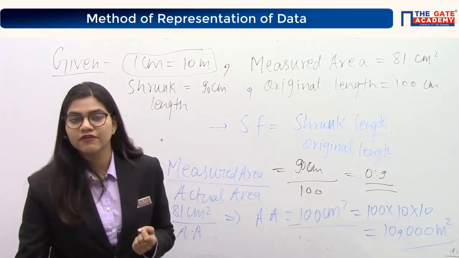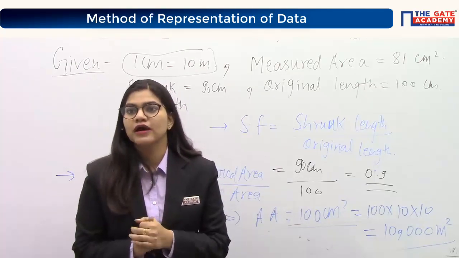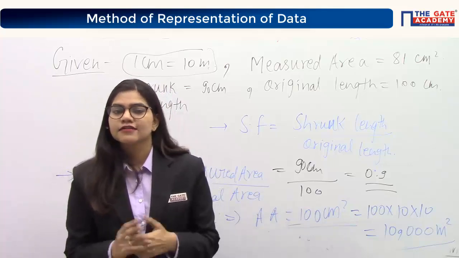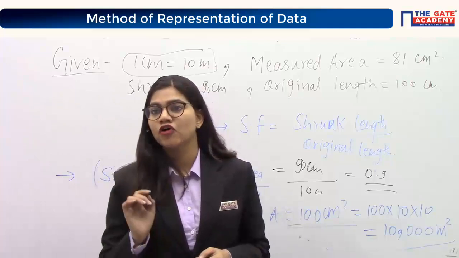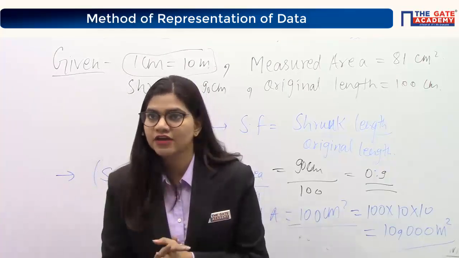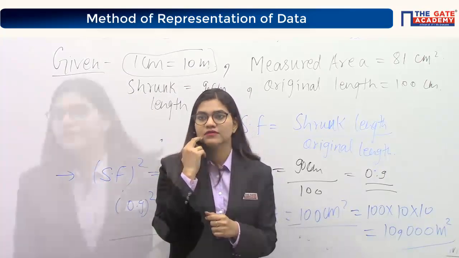The type of surveying in which the radius of Earth is taken into account. Geodetic, yes, correct. The answer is correct. This question came in GATE 2008 for 1 mark. Everybody knows the answer, that is geodetic survey. Very good.